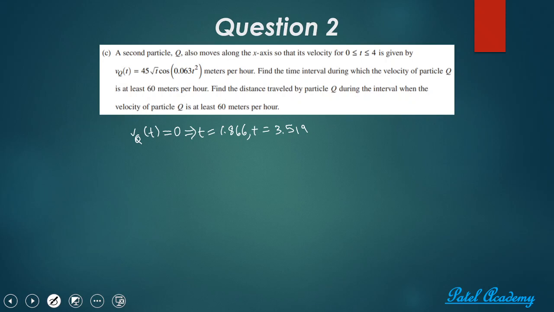You could verify this with a derivative or with a quick plot of the graph, but between this interval, the velocity is going to be larger than 60. And so we're trying to find v sub Q of t as being greater than or equal to 60. And this lies within this interval, not from the endpoints to these points.